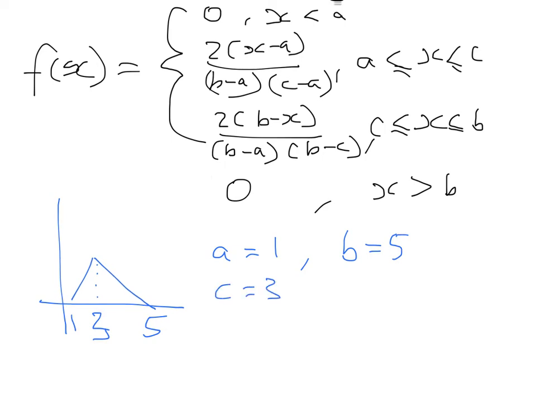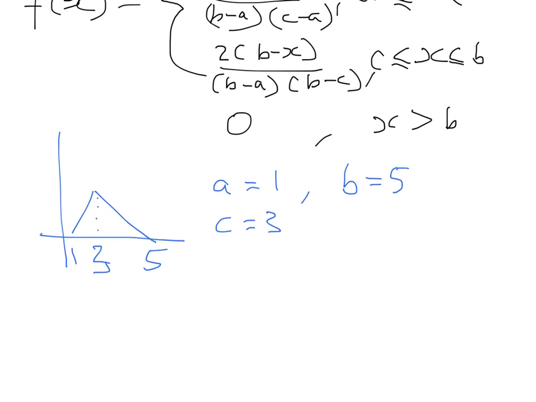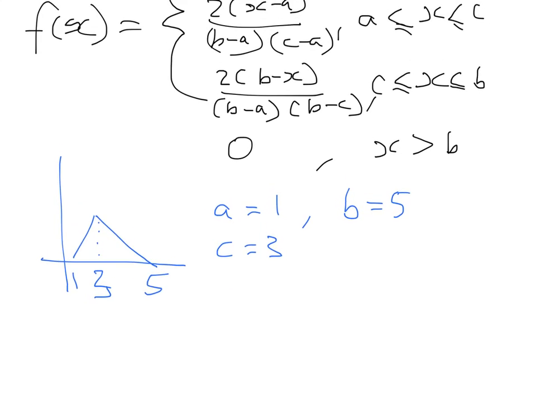The first thing we're going to do is write an individual density function for this. Right? So f of x equals, well, it starts off 0 where x is less than 1.